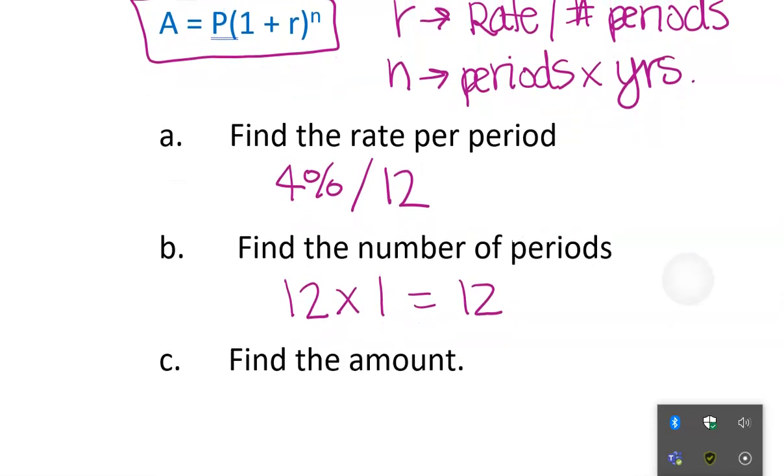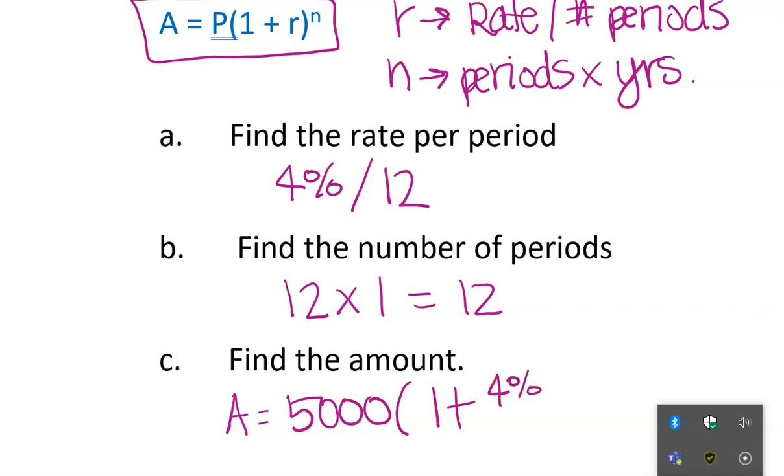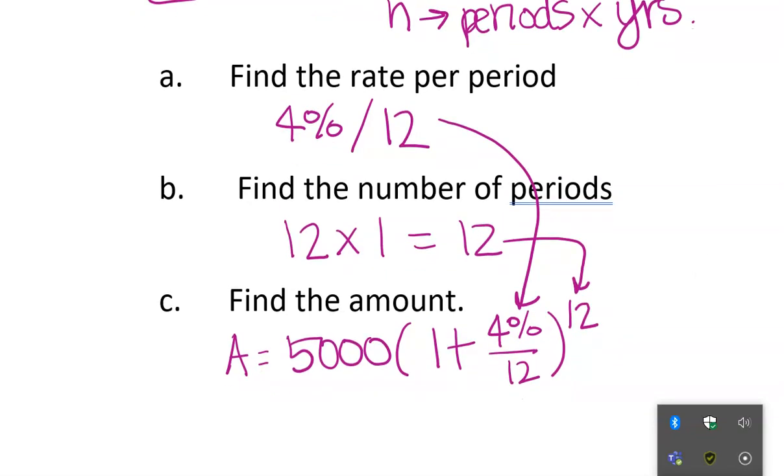And to put it into the formula that we have above, A equals, the principal would be $5,000, times 1 plus 4% divided by 12. That comes from up above, and the exponent is 12, and that comes from up above as well.